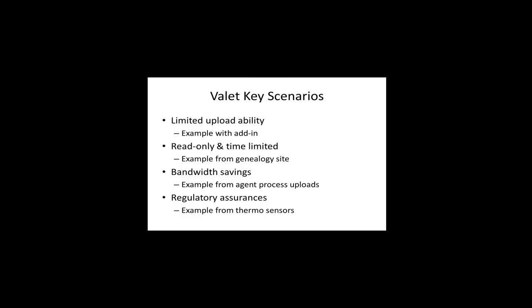This was a startup with a software as a service product that was used by building architects, and it was very clean to devise a mechanism where a very low complexity, low volume web service could issue these valet keys.